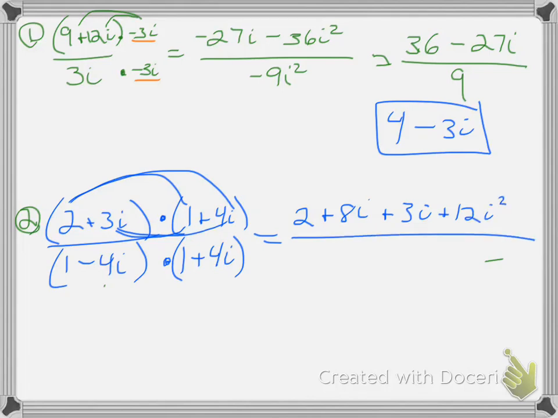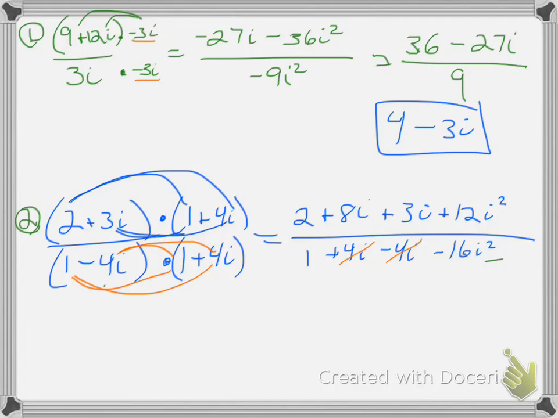In my denominator, I'm going to get 1 times 1 is 1. 1 times positive 4i is positive 4i. Negative 4i times 1 is negative 4i. And negative 4i times positive 4i becomes negative 16i squared. And because these are conjugates, what should happen is these two should cancel out. I have a positive 4i and a negative 4i that cancel out.